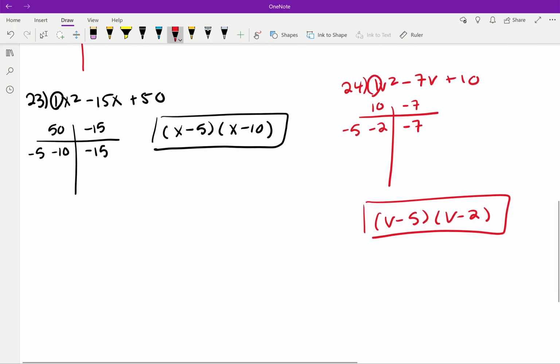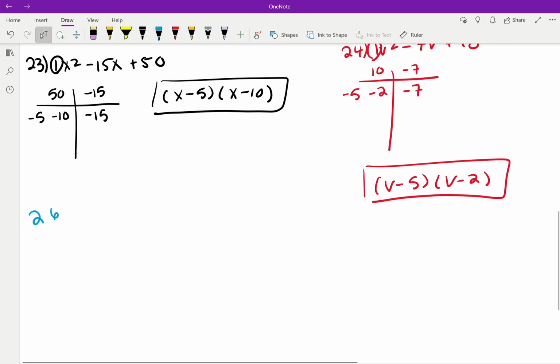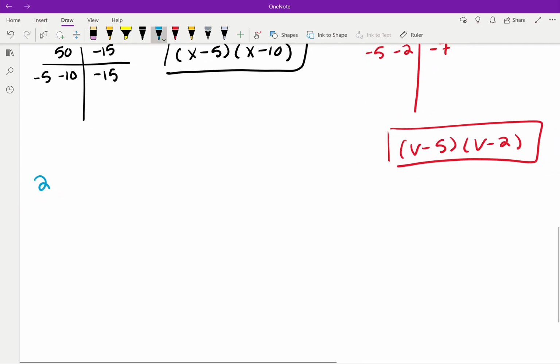Okay, two more. Number 26, or did I skip one? 25, my bad. 25: I have p squared plus 3p minus 18. Again, the a value is 1, so that means there's no GCF, so I'm going to go straight to my table.